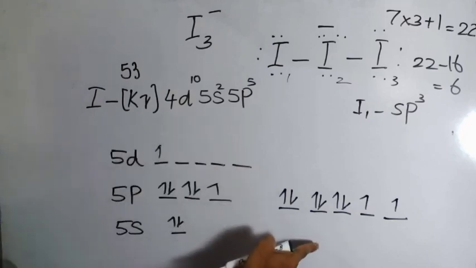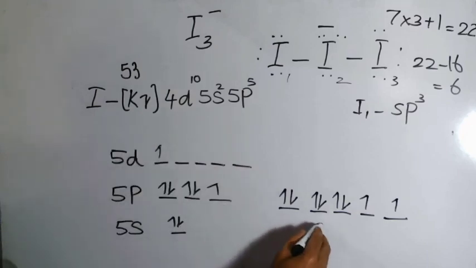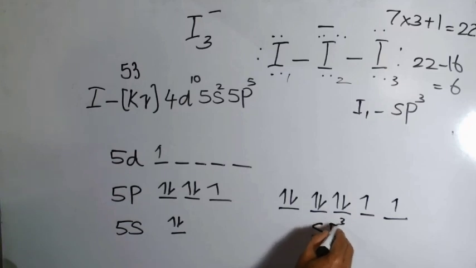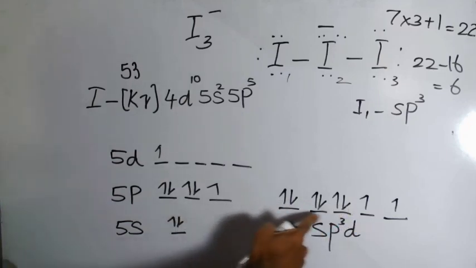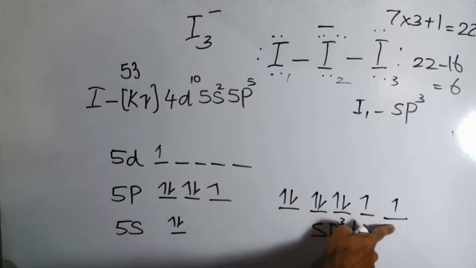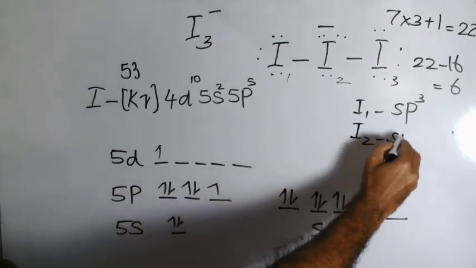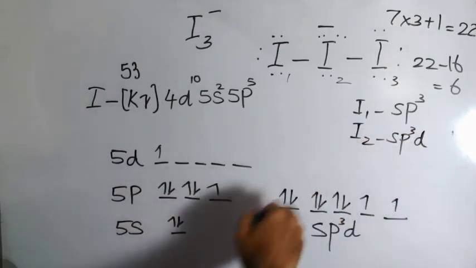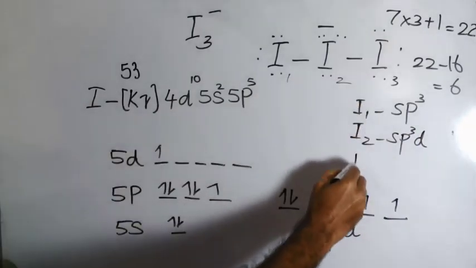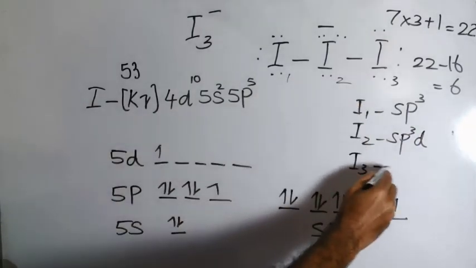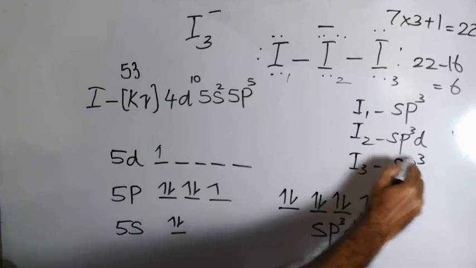When they become hybridized, we can say sp3d hybridization. These are 3 lone pairs, and these 2 electrons in orbitals will be used to make the sigma bonds. So iodine number 2 has sp3d hybridization. When we come to iodine 3, it is identical with iodine number 1, so again it is sp3 hybridization.